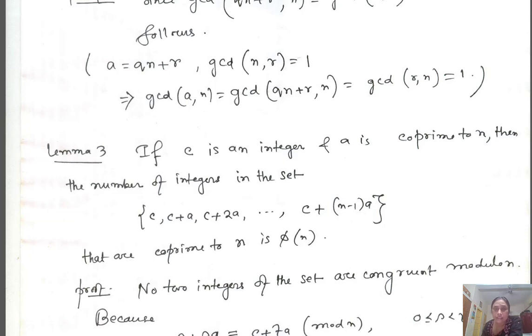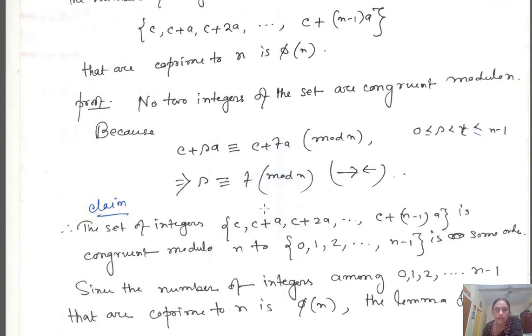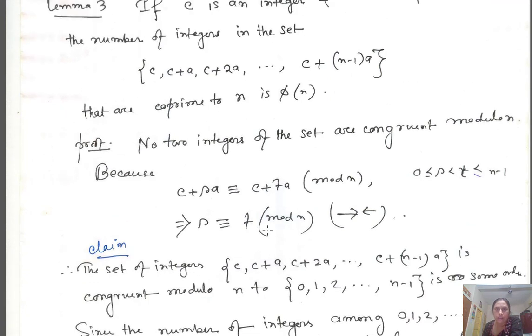Okay, so this theorem actually follows from this. No two integers in this set are congruent modulo n, because suppose C plus SA equals C plus TA modulo n, where S is less than T and both lie between 0 and n minus 1.